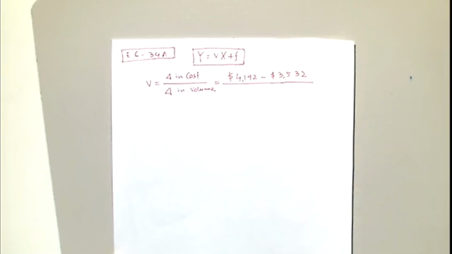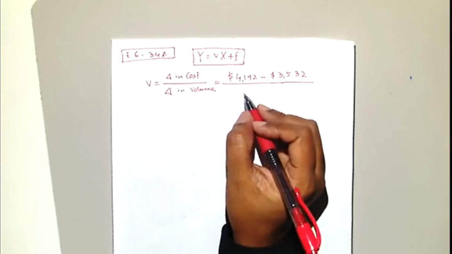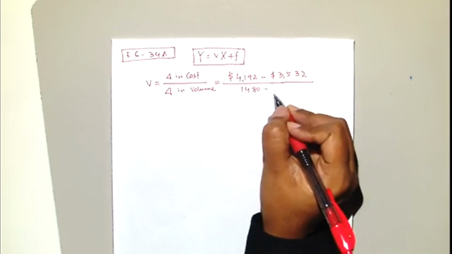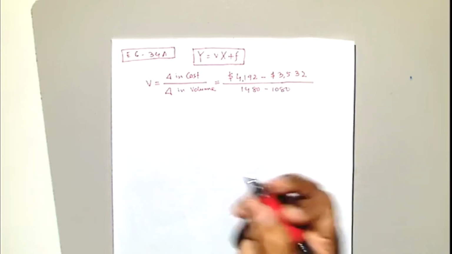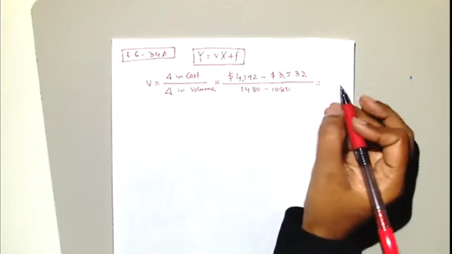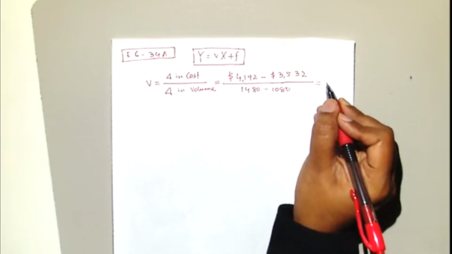So I'm showing the cost difference as my numerator and the volume difference, in this case our machine hours, as my denominator, which is 1,480 minus 1,080. If you do so, you should figure out your V. So can anyone tell me what is V, Courtney?